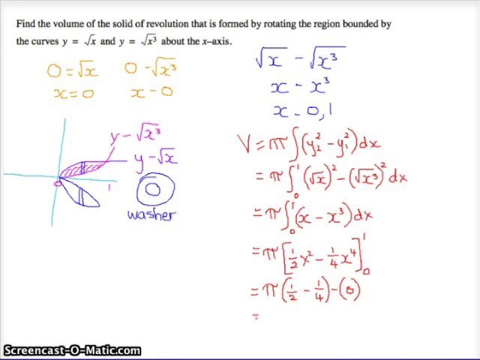Okay, so what we get is a half is 2 quarters, so we've got pi times 2 quarters minus 1 quarter, which is a quarter. So it's just a quarter pi, so our final answer is pi over 4 units cubed.